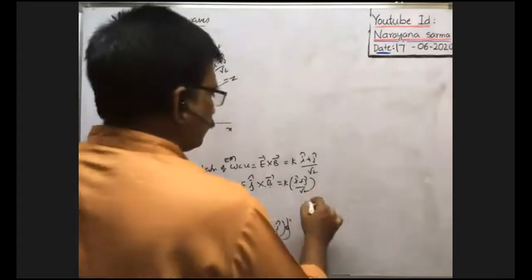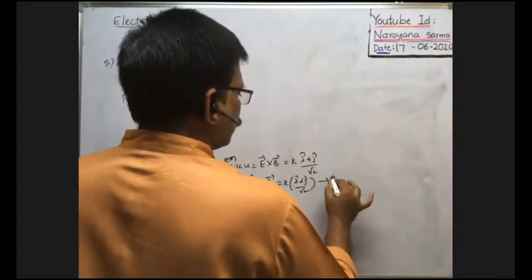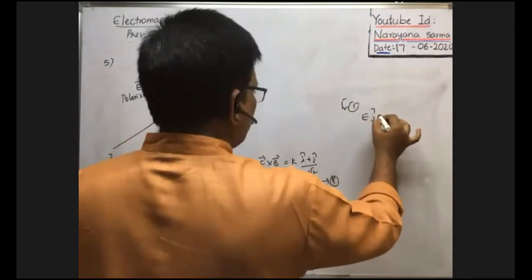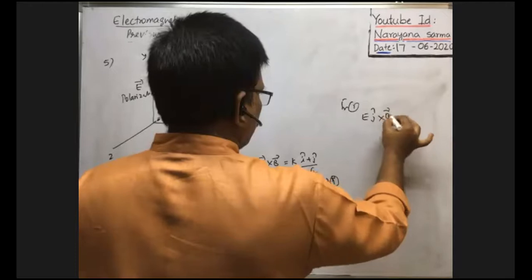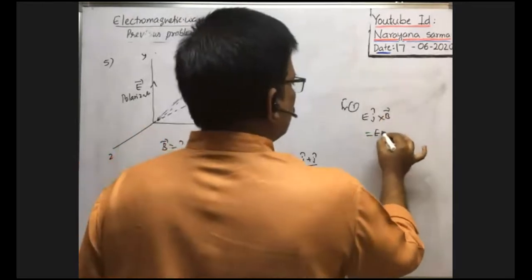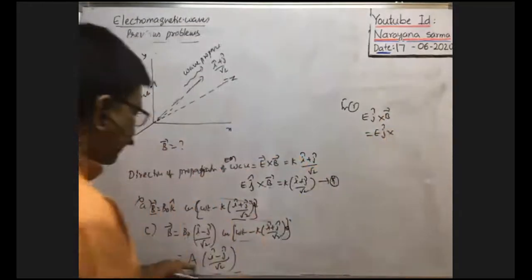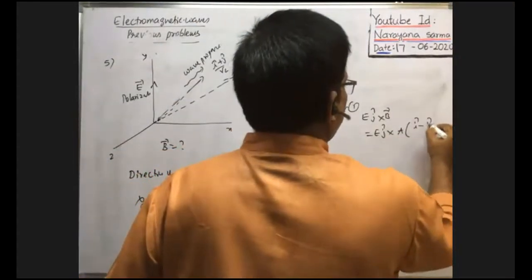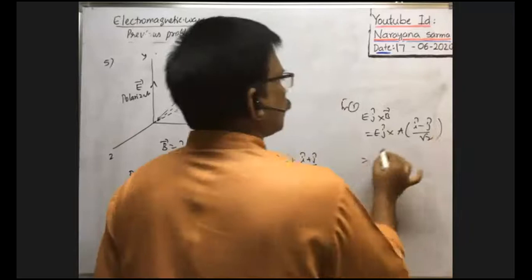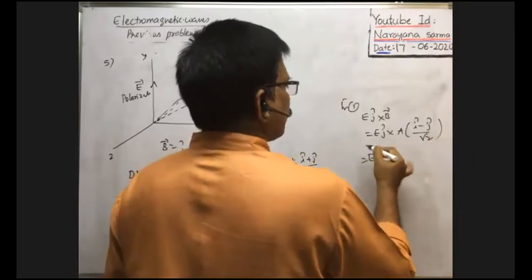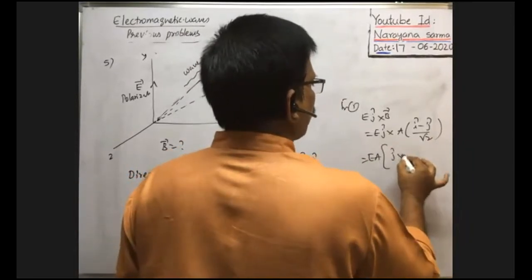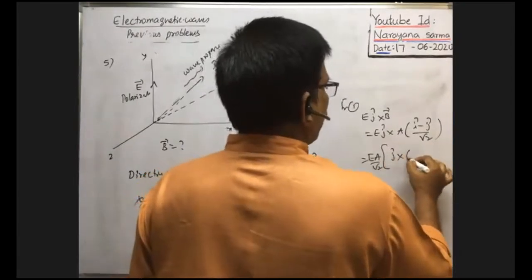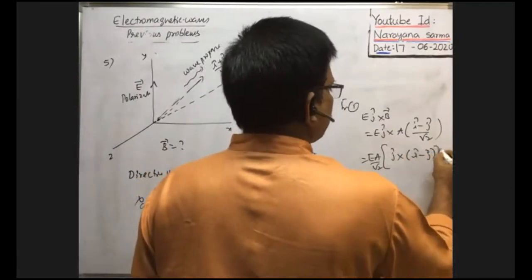Now you substitute here from 1: E cap into j cap cross B bar is equal to E into j cap plus B bar, means you write like this A into I cap minus j cap by root 2. So E and A, these are the scalars you write outside, into j cap cross, of course by root 2 also, root 2 also scalar, no? J cap cross I cap minus j cap.